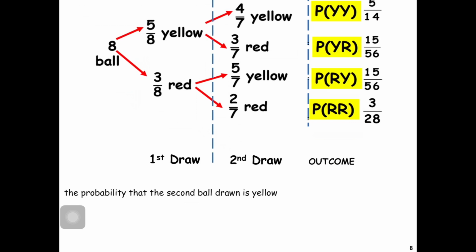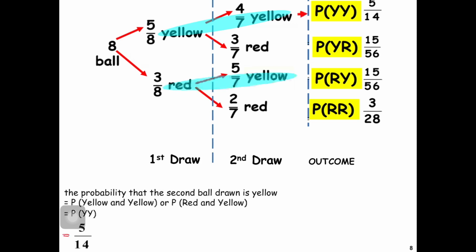Okay, so based on that, the probability that the second ball drawn is yellow, you can take it from the first draw is yellow, second draw is yellow, probability yellow and yellow. So where the notation is your probability YY, and the value is 5/14. Or another one that can get you a yellow ball for the second draw is when you take the first draw is red, and the second draw is yellow, or probability red and yellow.